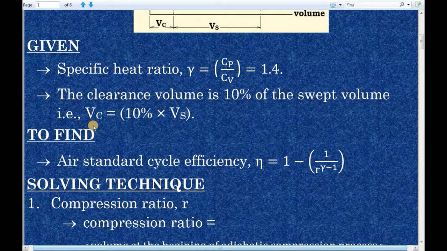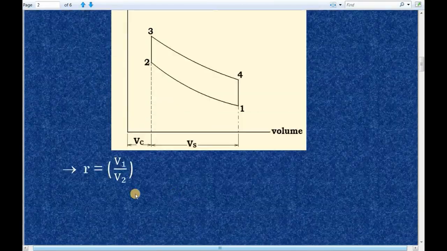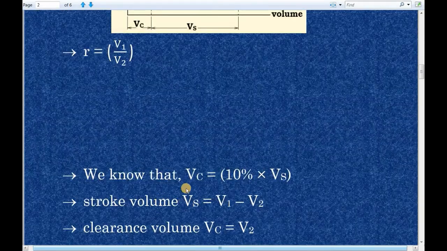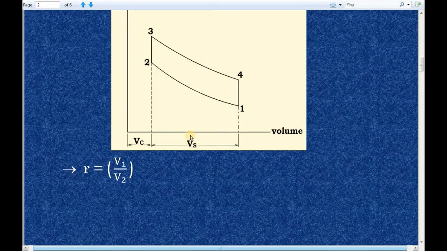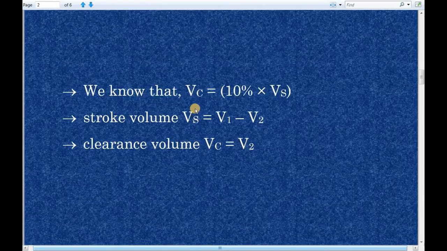Now I will write down the condition, which is Vc is equal to 10% of Vs. In the Otto cycle, the swept volume is V1 minus V2, and the clearance volume is the volume at the end of the adiabatic compression process, or the volume at the beginning of the constant volume heat addition process, which is V2. Now I am going to rewrite Vc as V2, and substitute the formula of swept volume in the RHS.